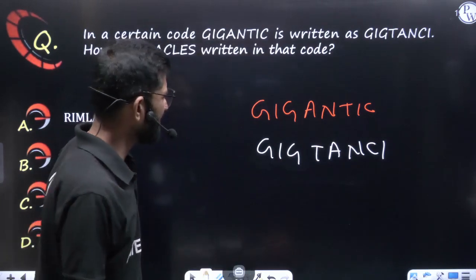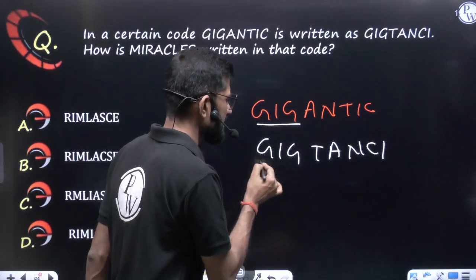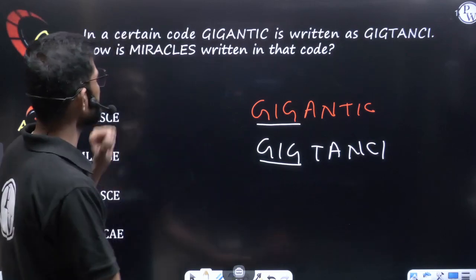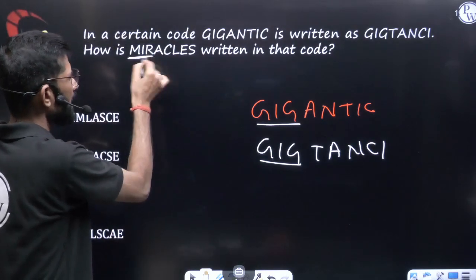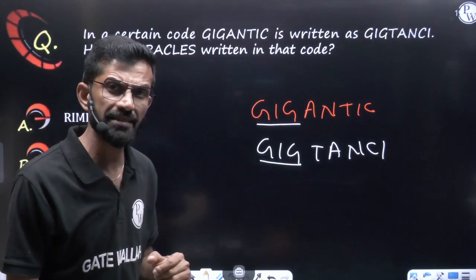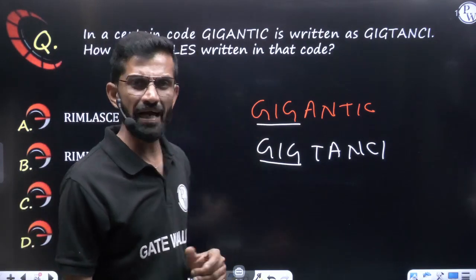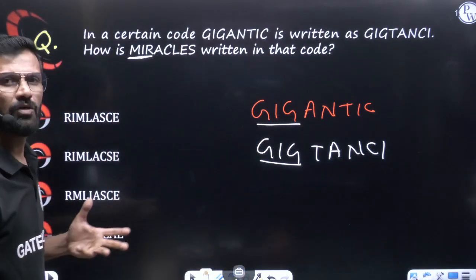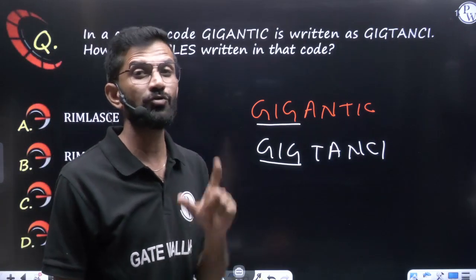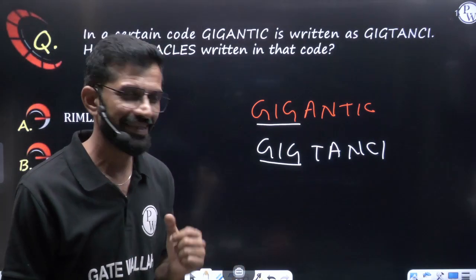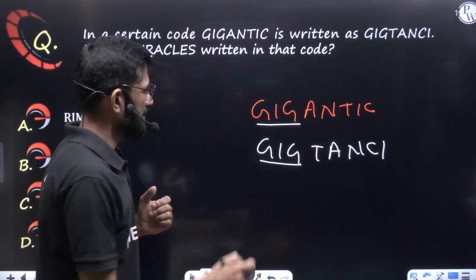Now, can I relate it like this, that the first 3 letters are written as they are? So here they are asking you the code for miracles. So MIR, the first 3 letters, I should write as it is. If I write MIR as MIR, does any option have MIR? No. It means the pattern we understood was wrong. Then what will it be? Very simple.